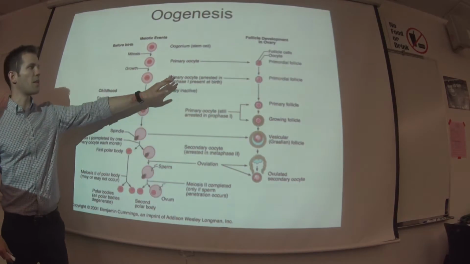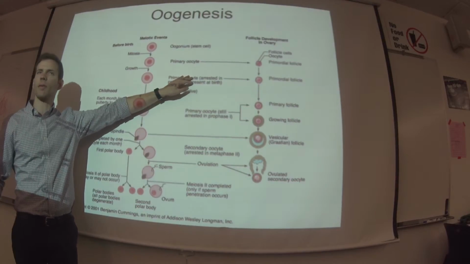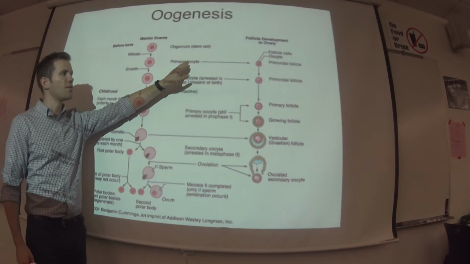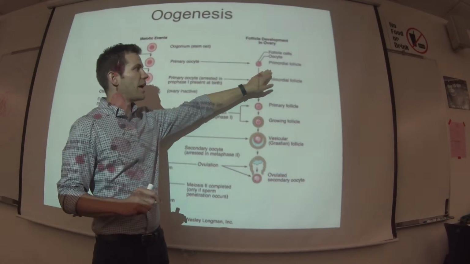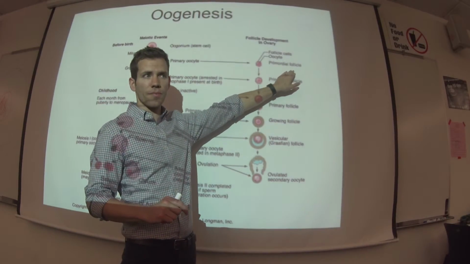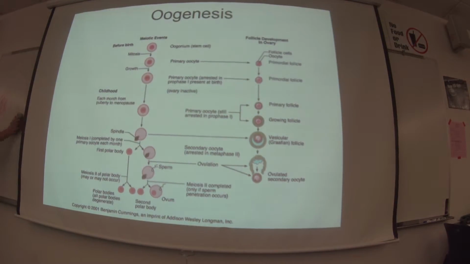When you have a primary oocyte, for males that would have been the end of the story. We got a primary spermatocyte. Great. In females, there's a primary oocyte, but it's packaged within a primordial follicle. You can barely see it here. The primordial follicle is just a bunch of squamous cells surrounding a really big oocyte.